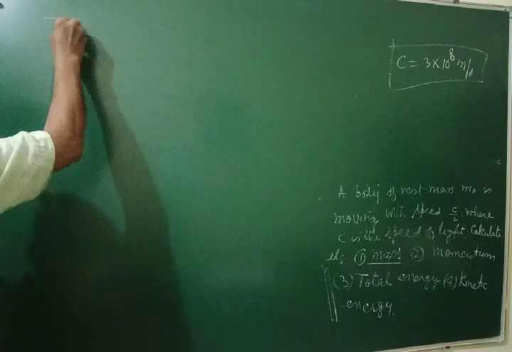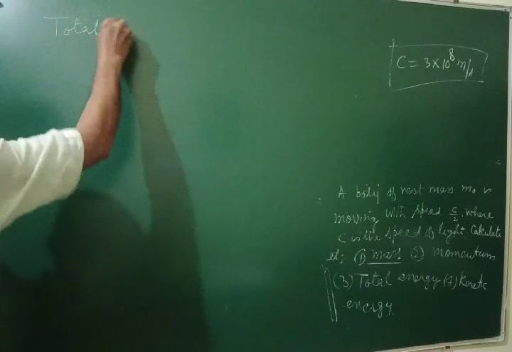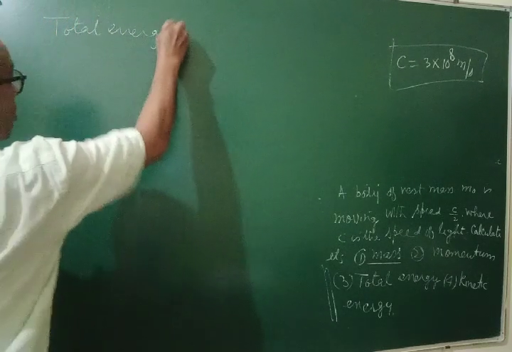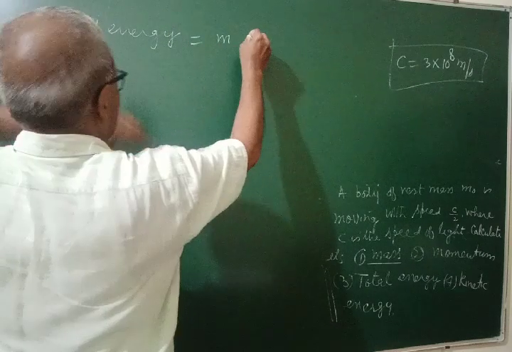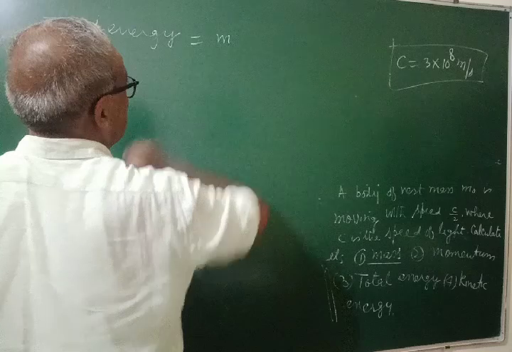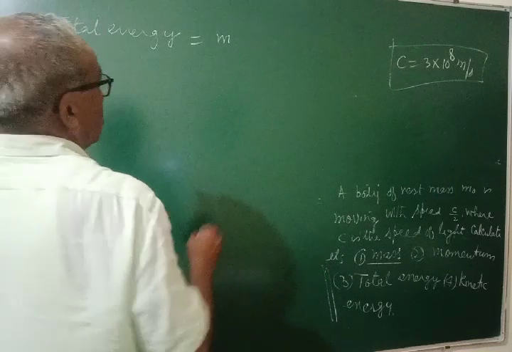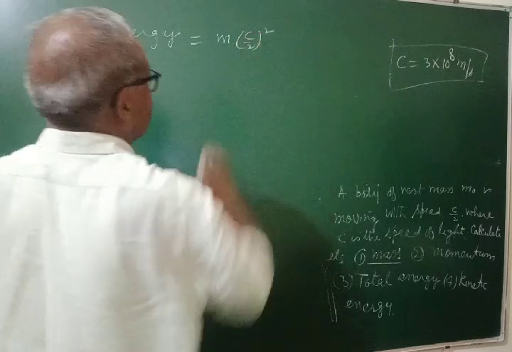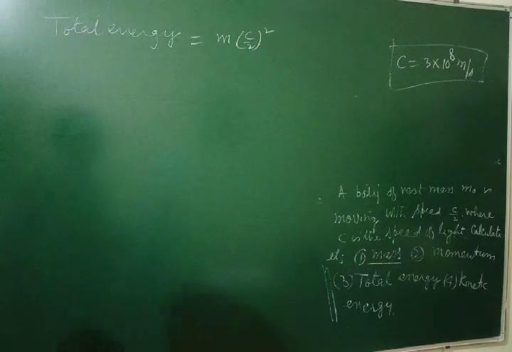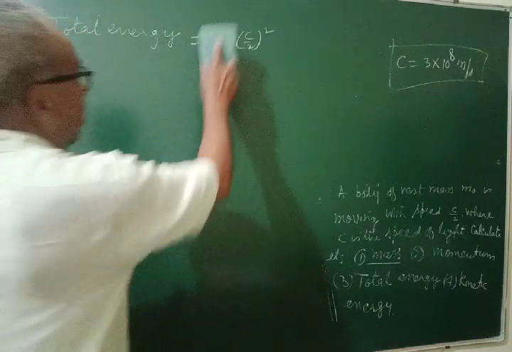So total energy will be m into c by 2 whole square.